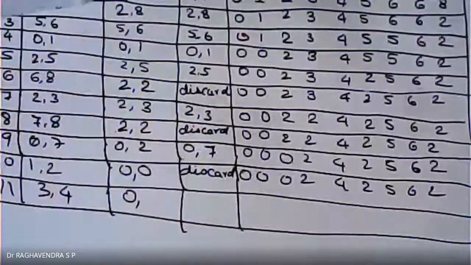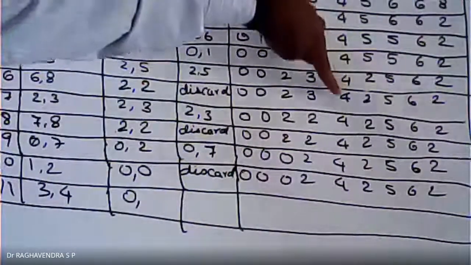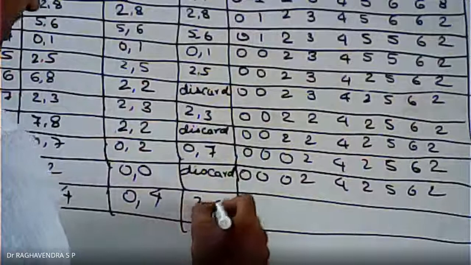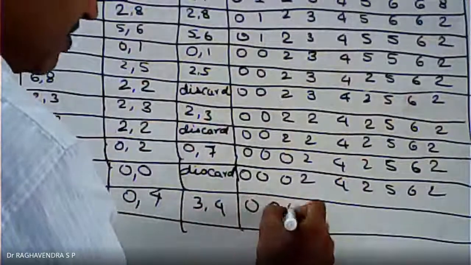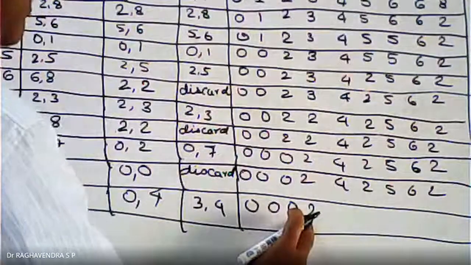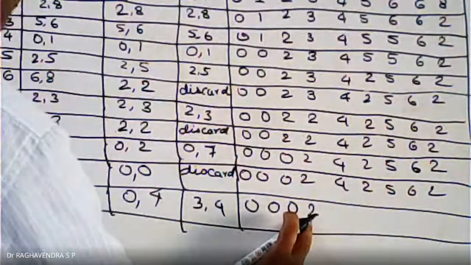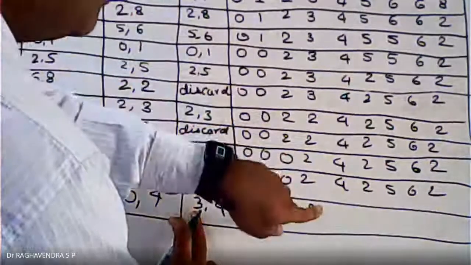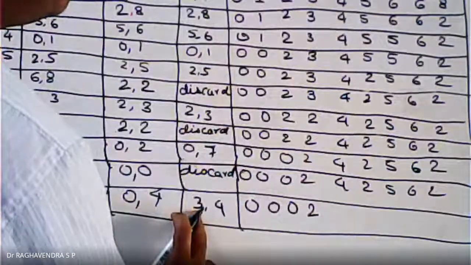So this is 4. When you go down, 4 only. There are no further values. So 3, 4 as it is. So 0, 0, 0. This is 3, that is 2, so this value has to be replaced. The value of 3, that is 2, has to be replaced at 4.